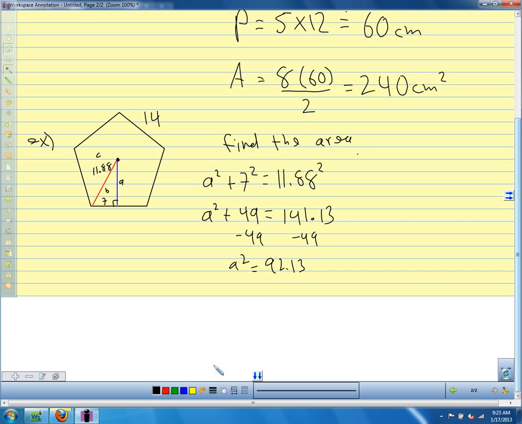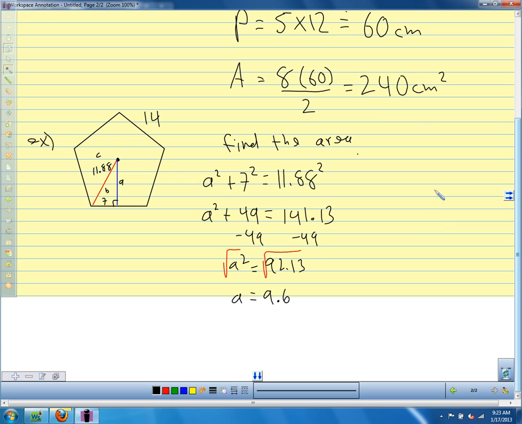So the apothem, take the square root of both sides to undo that square. I get about 9.6. So the apothem equals 9.6.